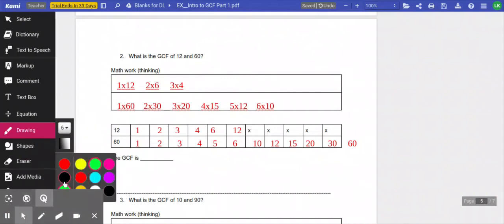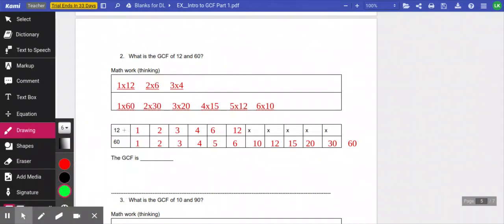So one reason is, remember the greatest common factor can never be bigger than either number. So once the numbers that are factors start going over 12, I could have stopped. So I know 15, 20, 30, and 60 can't possibly be factors of 12 because nothing times any of those numbers equals 12. That's a whole number.